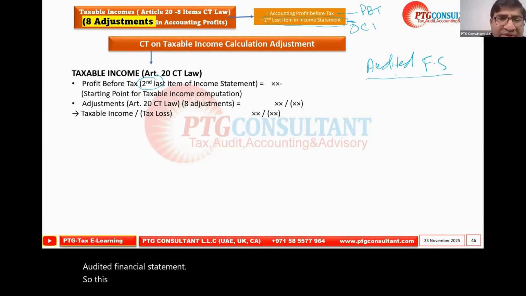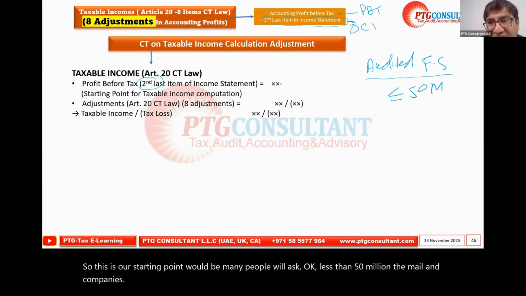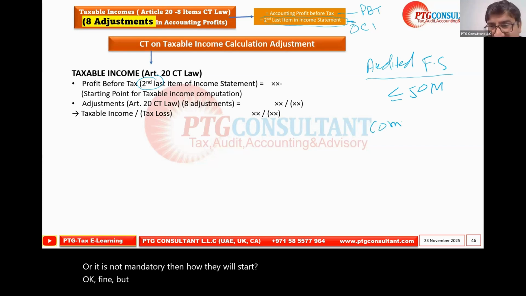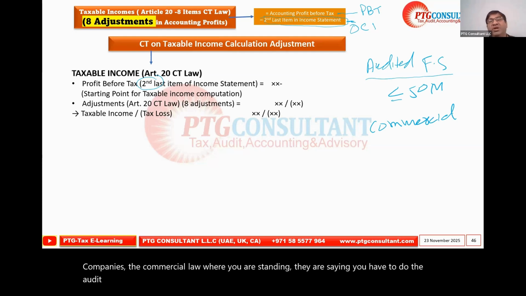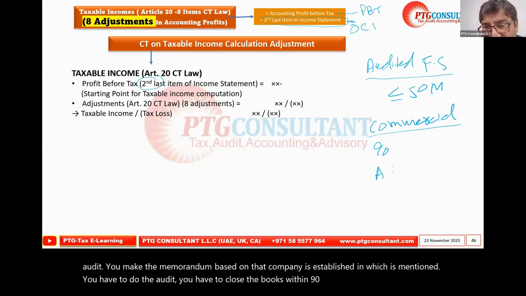Many people will ask, okay, for mainland companies less than 50 million, audit is not mandatory, then how will they start? Okay, fine. But how about the commercial law? Companies, the commercial law, where are you standing? They are saying you have to do the audit. You make the memorandum, Aqd Tasis, based on which the company is established, in which it is mentioned you have to do the audit. You have to close the books within 90 days. You have to call the AGM.